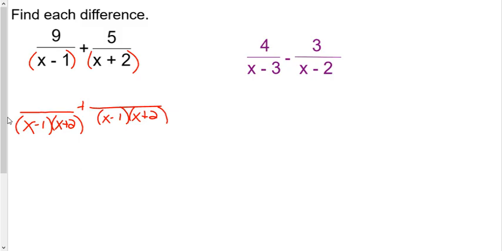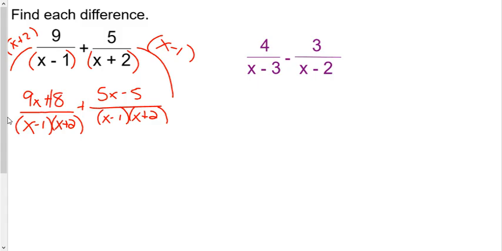So on the left side, going to multiply by x minus 1. On the right side, we're going to multiply by x plus 2. Make sure you are distributing when you're doing this. Now adding like terms, so 9x and 5x would be 14x. 18 minus 5 is 13 over your common denominator of (x minus 1)(x plus 2).